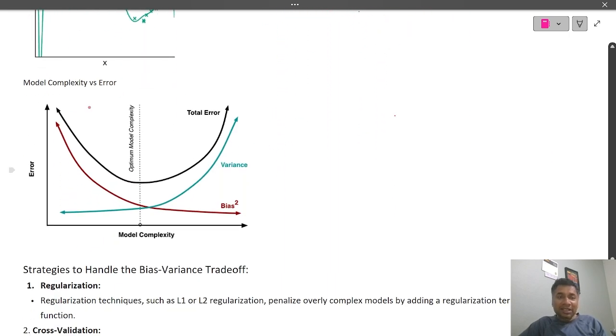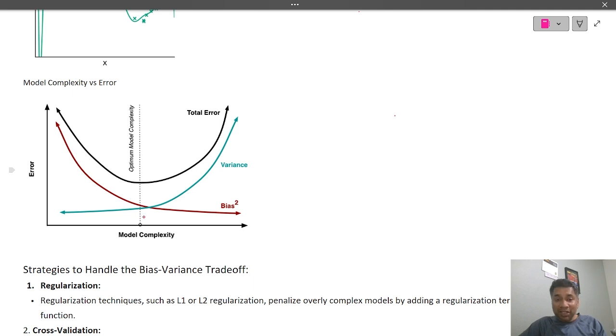Now, let's try to see this graph also, which is a graph between model complexity and error. If our model gets more complex or over complex, we see that the bias gets lower. But the variance increases as the model gets more complex.